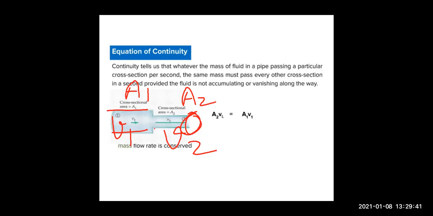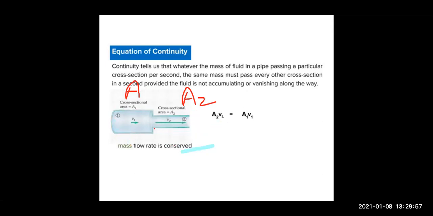So the equation of continuity gives us a relation between the area and the velocity of the fluid, right?